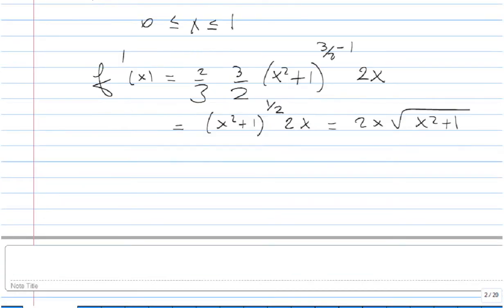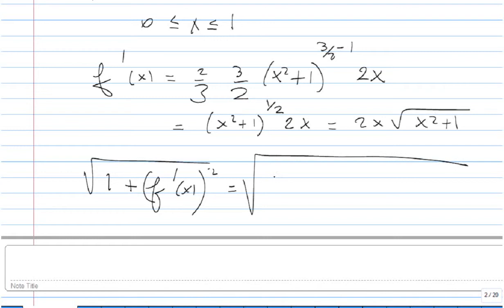So now we need to find the square root of 1 plus f prime of x squared. That's the square root of 1 plus 2x times the square root of x squared plus 1, all squared. So that's 4x squared times the square root squared, which cancels the square root: x squared plus 1.